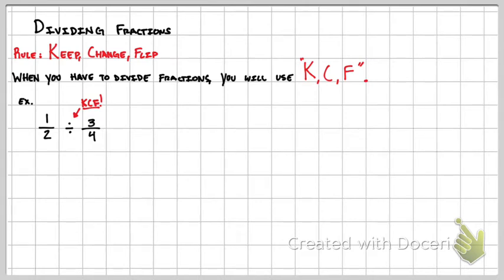Both numbers have a numerator and denominator. They don't have any whole numbers, so we don't have to do any previous steps. So we're going to focus on the KCF, the division sign. I'm going to rewrite my problem real quick and label each part KCF.